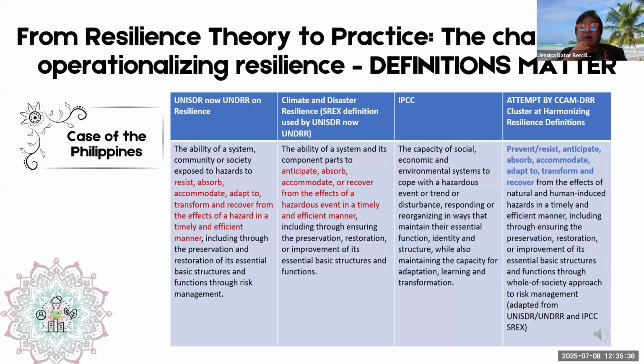So we're now looking at the definition of resilience as the capacity or ability of a system to anticipate, absorb, accommodate, or recover from the effects of a hazardous event in a timely and efficient manner. Furthermore, the Intergovernmental Panel on Climate Change also looked at these capacities as being part of the social, economic, and environmental systems.